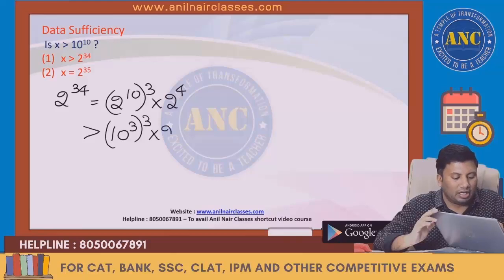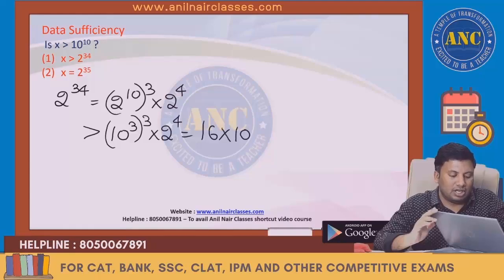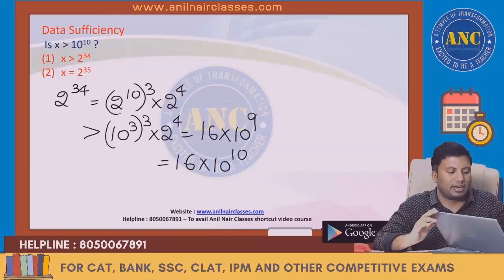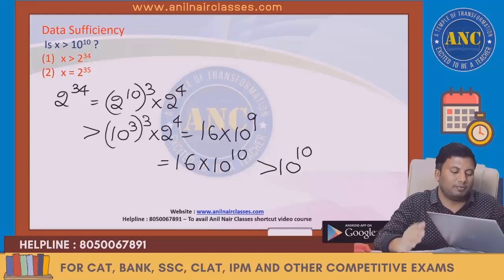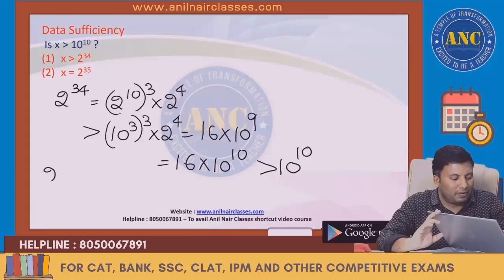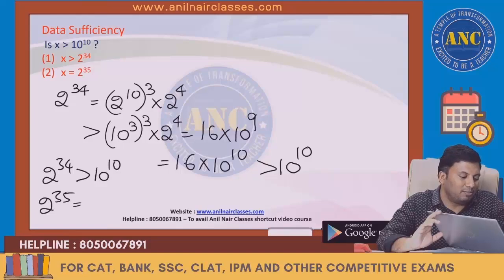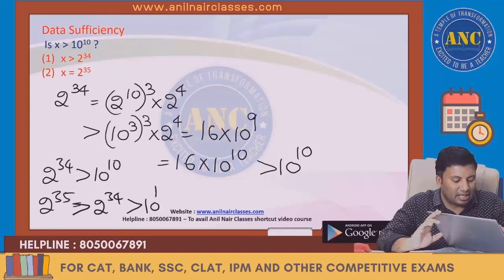So it is 10 power 9 into 16, which is 1.6 into 10 power 10, and that will anyway be greater than 10 power 10. So if 2 power 34 is greater than 10 power 10, 2 power 35 will anyway be greater than 2 power 34, so it is greater than 10 power 10.